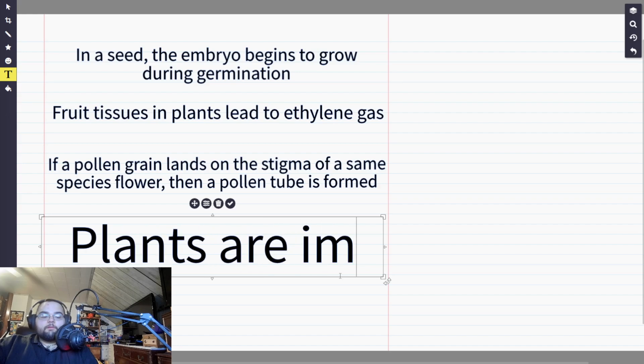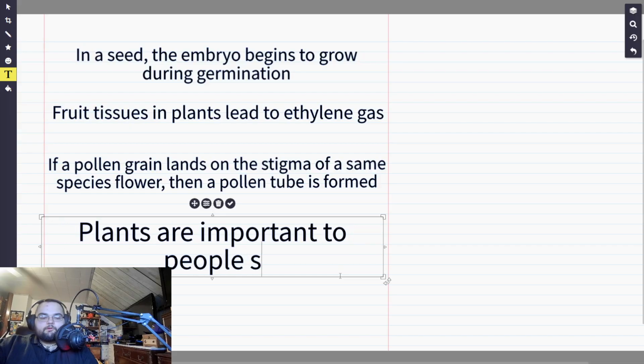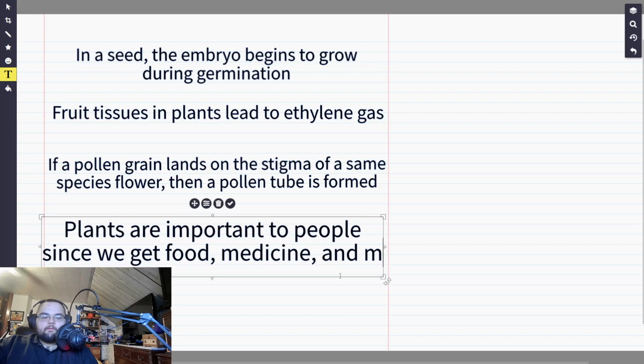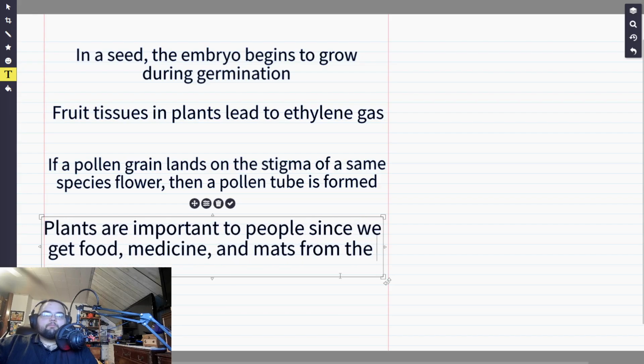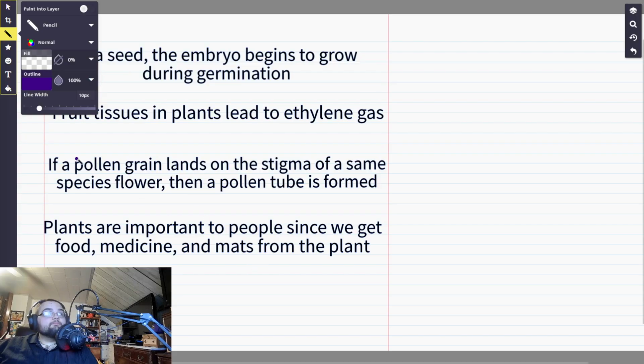Plants are important to people since we get food, medicine, and materials from the plant. You ever think about where string comes from?